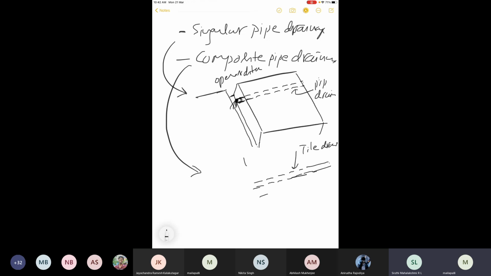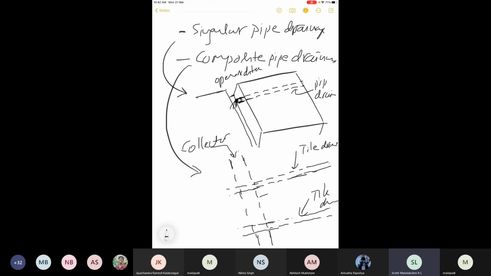This will be connected to, instead of an open ditch, a pipe. Similarly, you have another pipe. This is also a tile drain, and this is a collector drain.